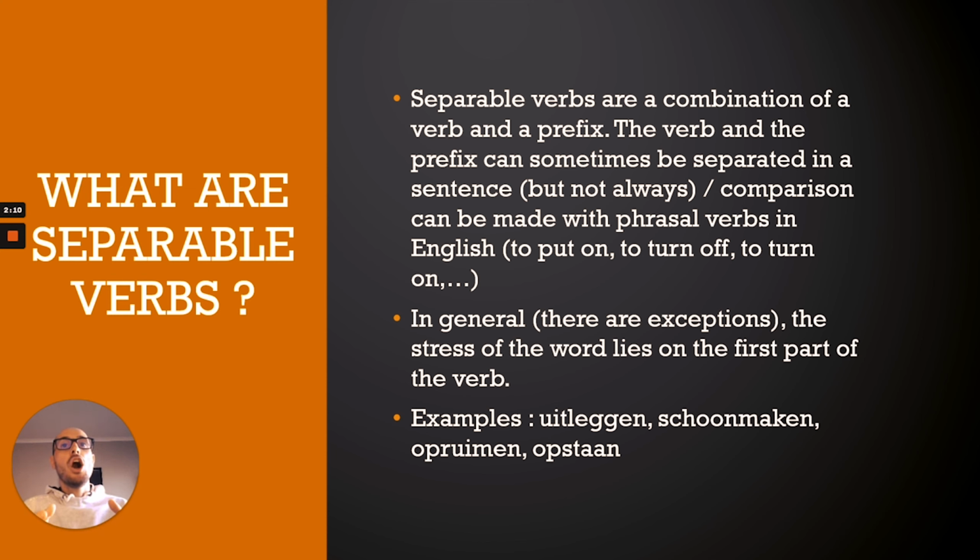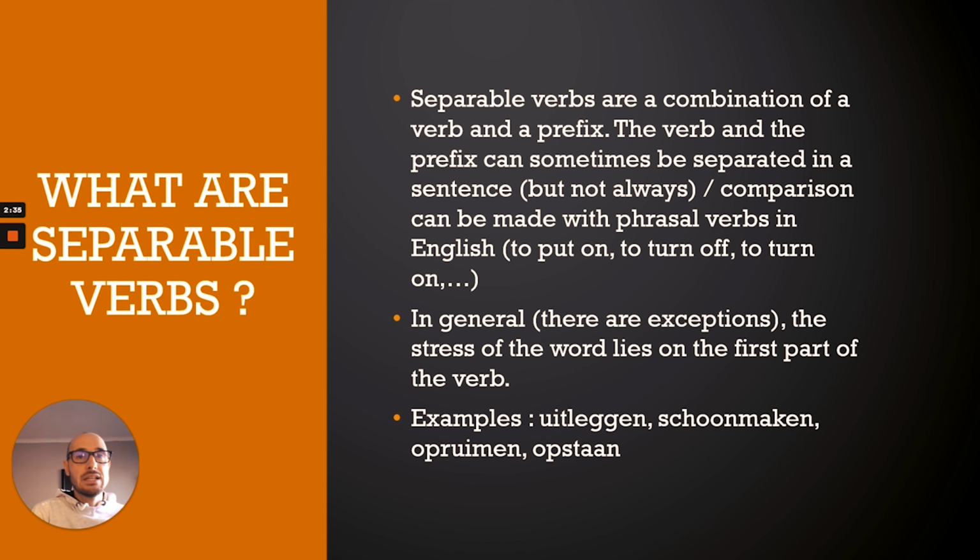An example: uitleggen, schoonmaken, opruimen, opstaan. You see, the stress lies on the first part of the verb. It is on uit, schoon, op, and op again. So these are separable verbs. What I want you to remember is that they are verbs which you can split up.